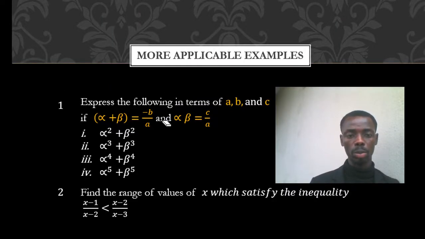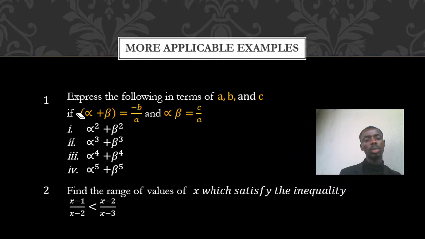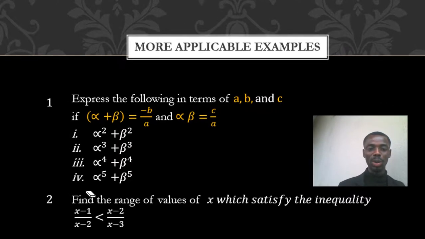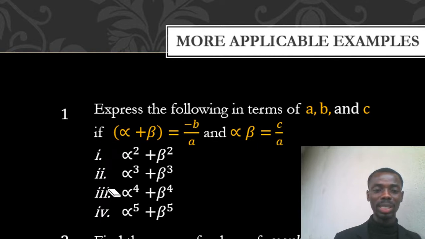Alright, welcome back. We are going to be seeing the place of application in solving this work. Now, question 1. Express the following, that is, Roman figures 1, 2, 3, and 4, in terms of A, B, and C, provided that alpha plus beta is equal to minus B over A, and alpha beta equals C over A. We're going to be doing 1 to 4, and in doing these 4 questions, it may take us 3 videos.